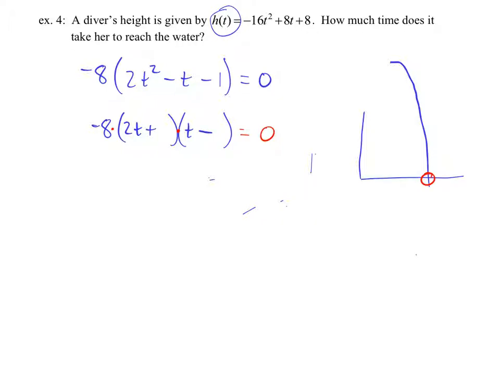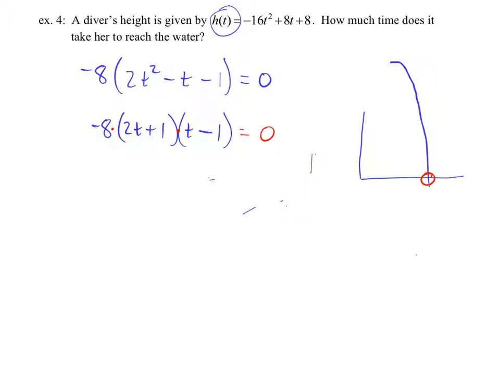And the only combination that'll give us a 1 would be a 1 and a 1. If this doesn't work when we check it, then you just have to switch your pluses around or switch your 2t around. But I go through positive 1 times negative 1 gives me negative 1. Here I have minus 2t on the outside, plus 1t gives me a minus 1t, and a positive 2t squared. So we're good. Cool. You with me up to there?